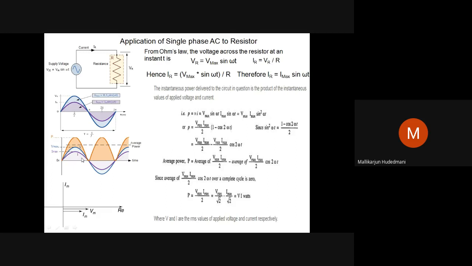Then conclude your understanding by the vectorial relationship: where is the voltage vector, where is the current vector, and how it is represented in this perspective. This one page of representation is one good question, like: explain application of single phase AC to a resistor.